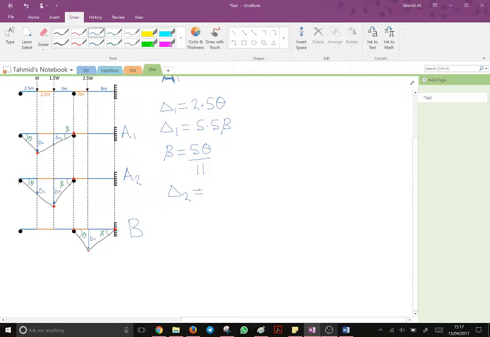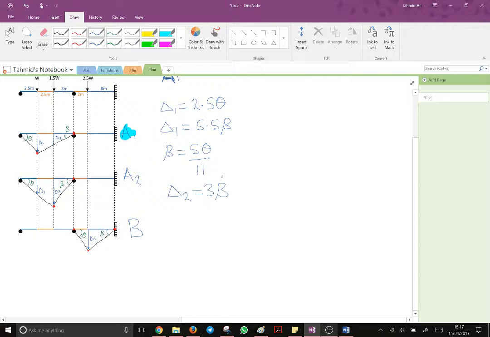Now bear in mind this is still for this part. Okay, so delta 2 is going to be equal to simply 3 times beta.